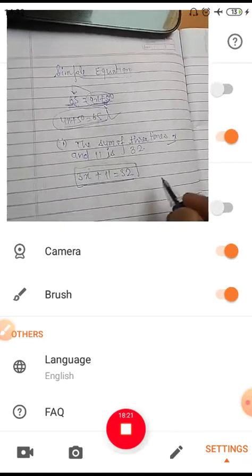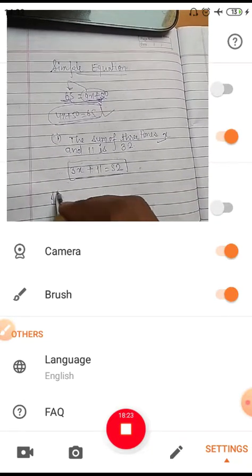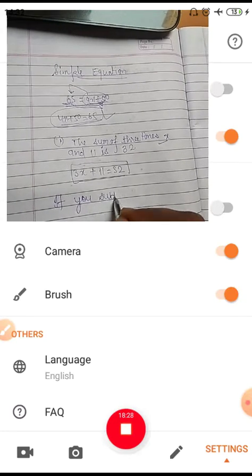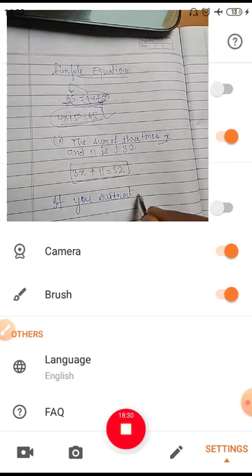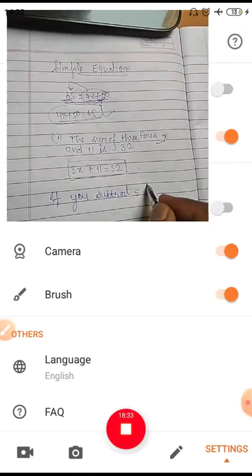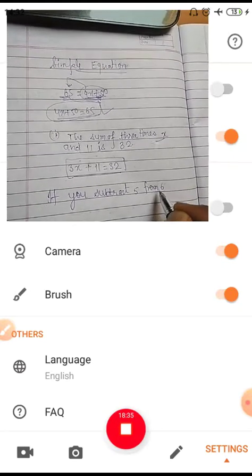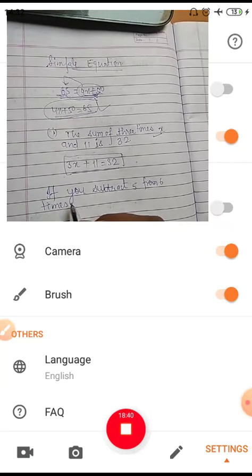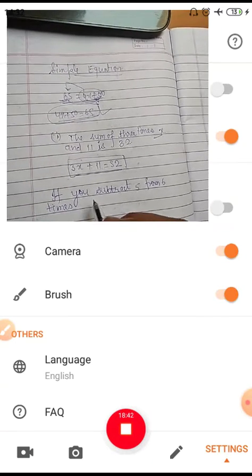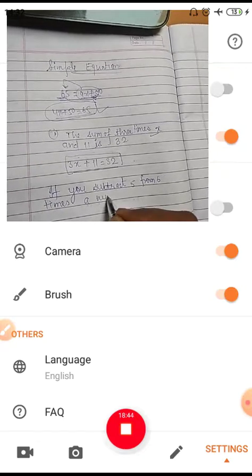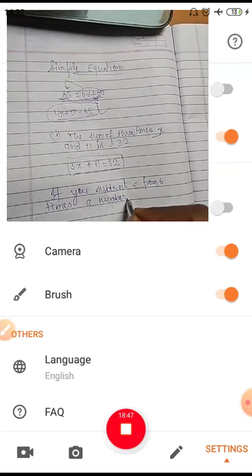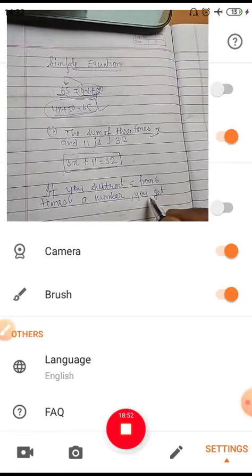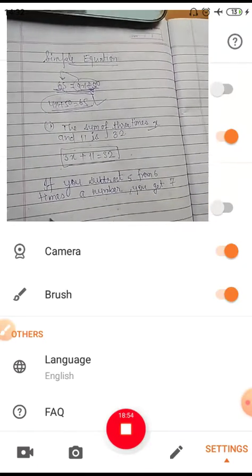Another example: if you subtract 5 from 6 times a number, you get 7.